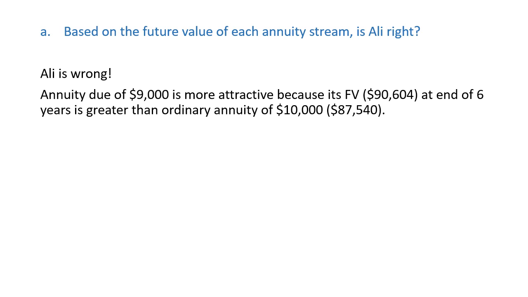The benefits of receiving cash flow at the beginning of the year more than offset the fact that cash flows are $1,000 lesser than the ordinary annuity. The high interest rate of 15% adds to the attractiveness of annuity due, as cash flow earns this high rate of interest for an extra year, thereby enhancing its future value.